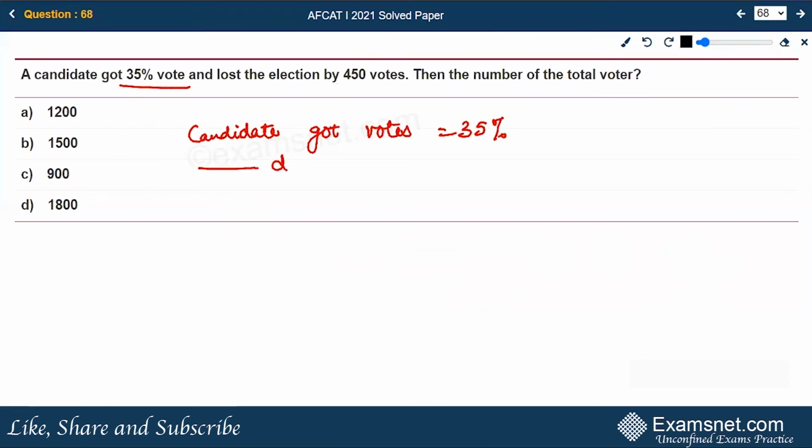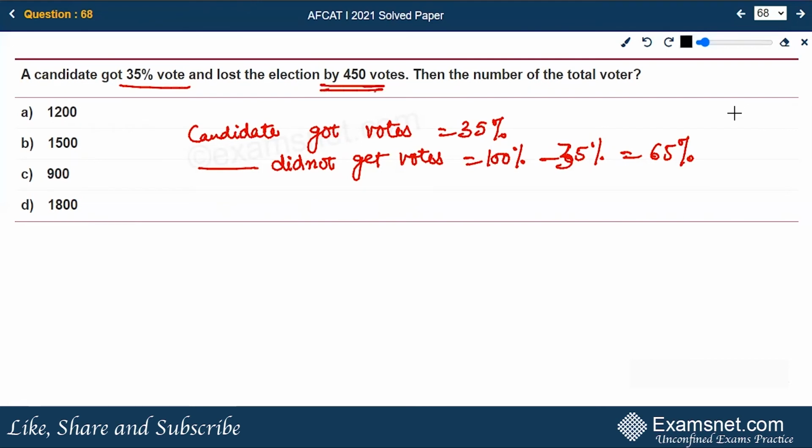Candidate did not get votes equal to 100% minus 35%, which will make it 65%. So he says he lost the election by 450 votes.